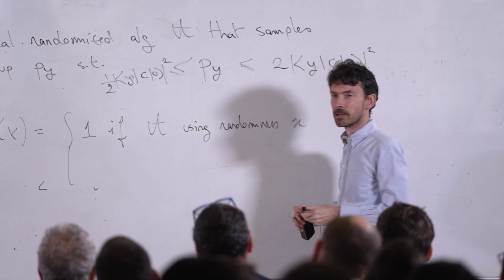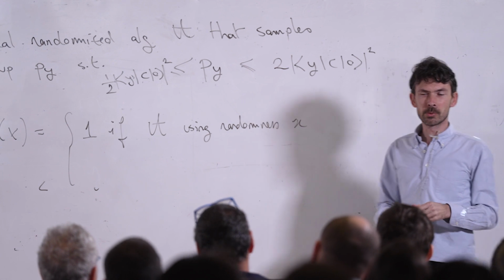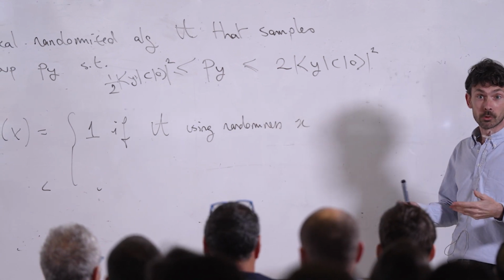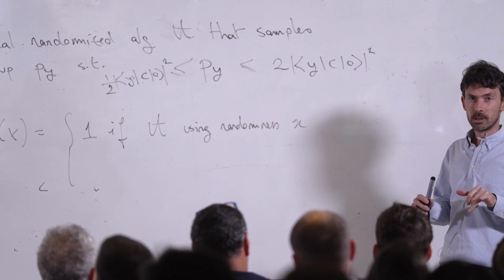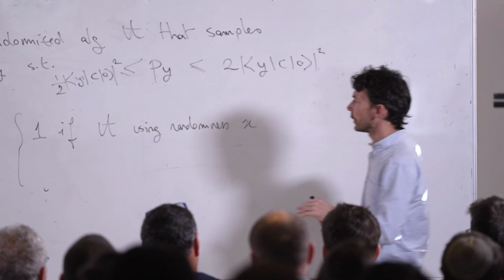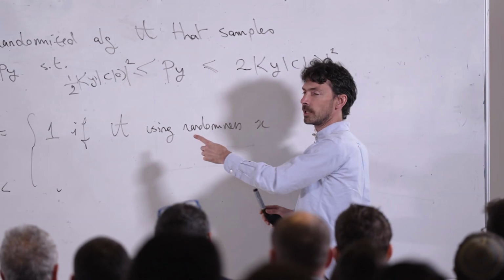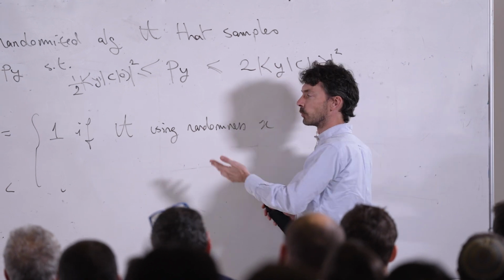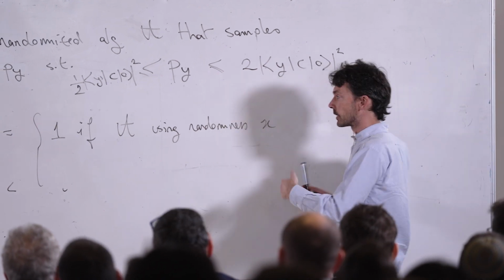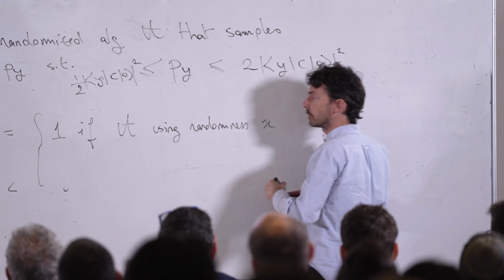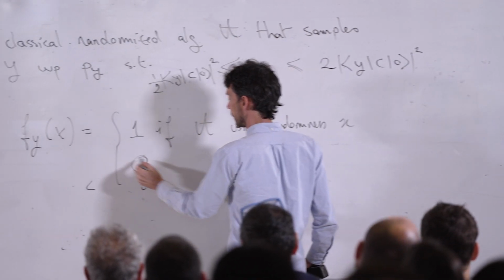So A is a randomized algorithm. One way to think about a randomized algorithm is actually a deterministic algorithm. So it's just a function, but it takes as input random bits. Here I think of x as the randomness that A uses. So I fix its randomness to x and I run it, and then it's going to say something. If it said y, then I define the function to be 1, and if it didn't say y, then I define the function to be 0.